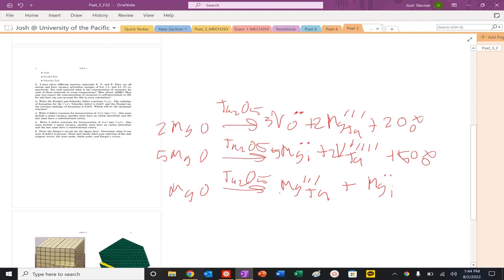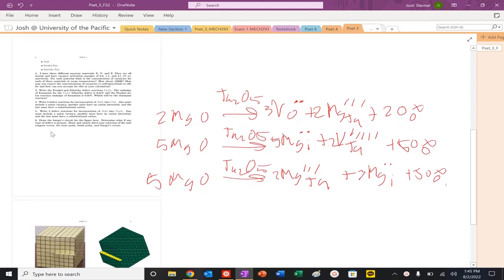So let's add 2 here, let's add 3 here, and we may be in some good shape right now. We can balance the rest. We see we have 5 Mgs, because we have 2 here, there you go. Let's go 5 oxygen X, 2 Tas, 5 Os, we got it.